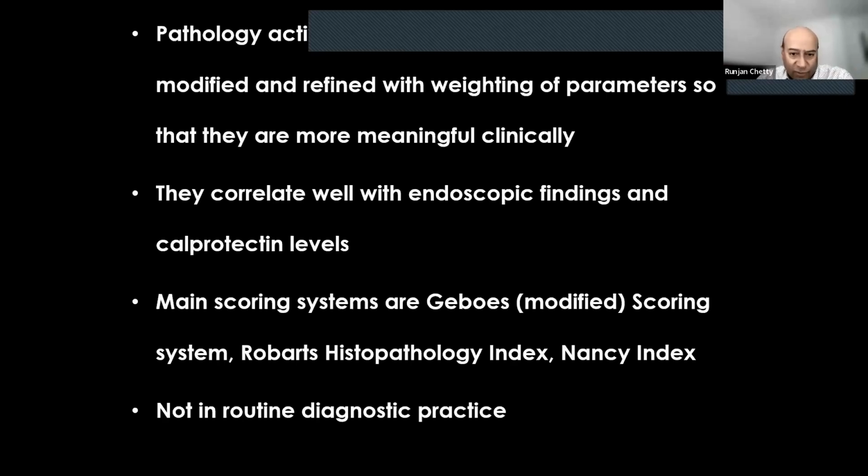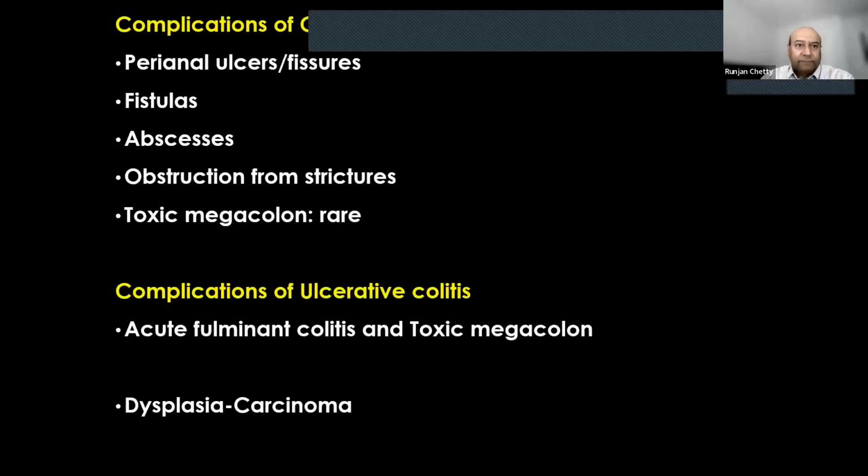As I said, it is not in routine diagnostic practice. However, it may crop up from time to time, depending on your gastroenterologist and the clinical scenario in which they require that particular information, so just be aware of it.